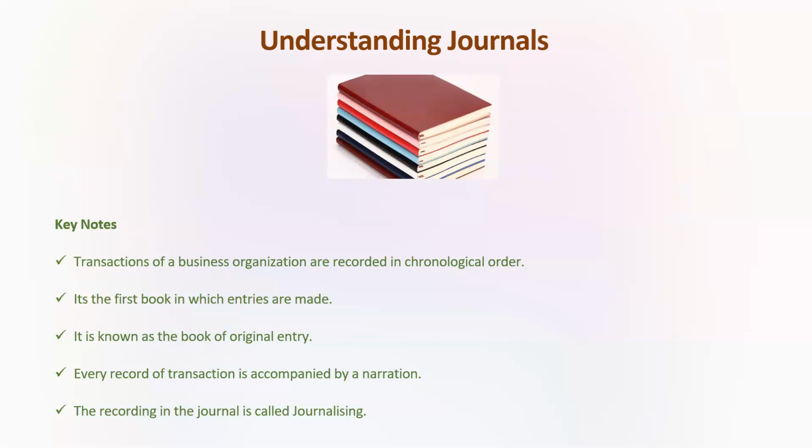On each and every day, at least 10 to 15 transactions would be happening, so one journal wouldn't be enough to maintain for one whole year. Every 2 or 3 months, they keep on purchasing new journal notes and posting the entries.